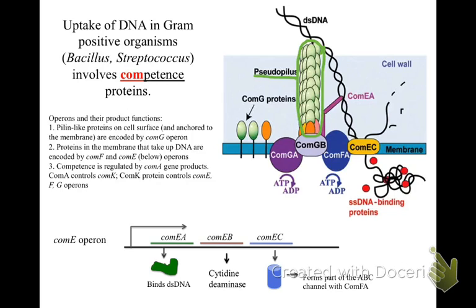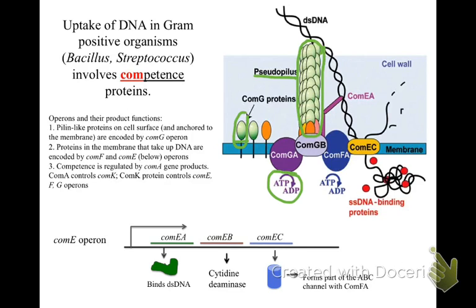Remember that pillin subunits are proproteins, so this is just showing the ComG proteins that are going to be processed before they're inserted into this growing pilus. There are a number of proteins such as ComGA and ComFA that contribute to the lengthening of this pseudopilus.